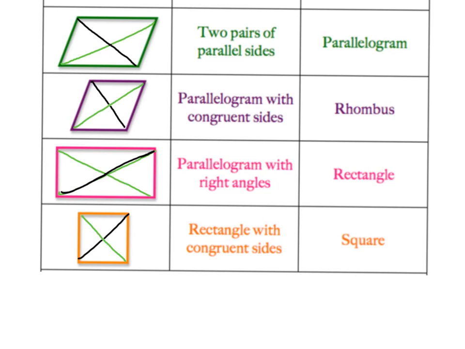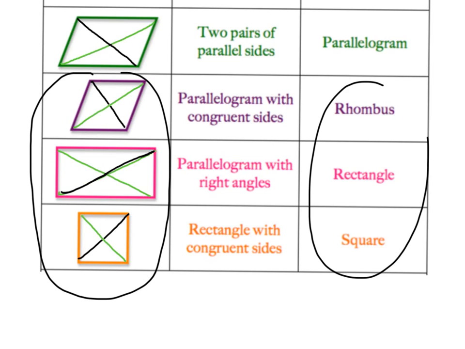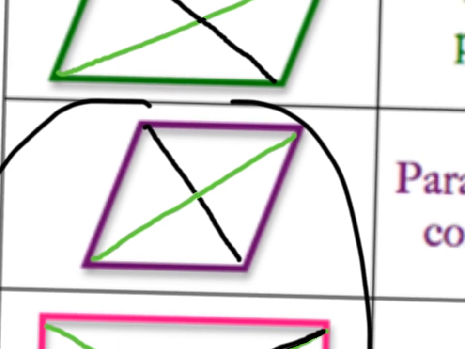And as you get down to these four shapes in particular, the rhombus, rectangle, and square, there are a lot of congruent parts in each picture. If I take a look at the rhombus, it is loaded with lots of things that look true, and they actually are true. These are all four right angles here in the center.